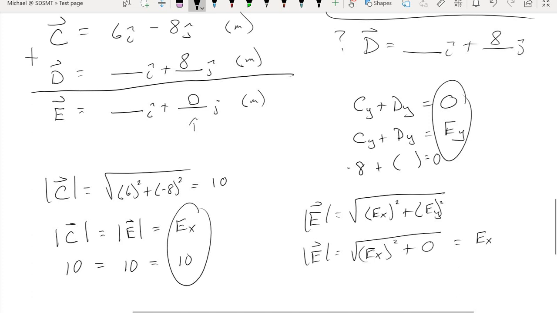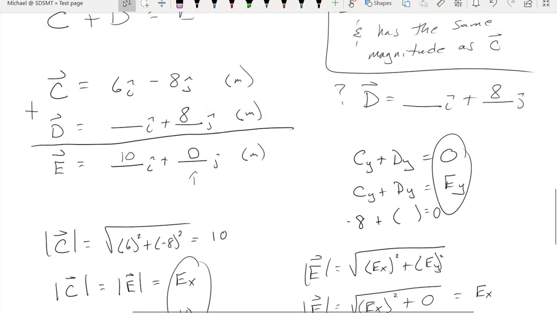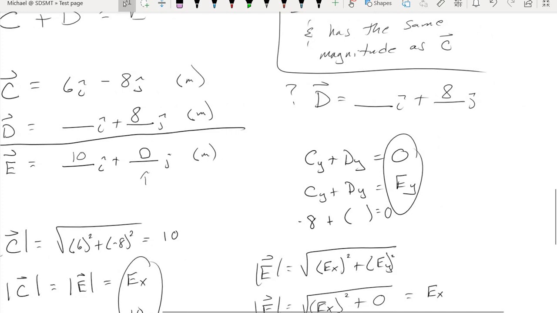So there's our x component for vector E. The x component for vector E is produced by taking the combination of the x components of vectors C and D. And so we have an x component of 6 plus something equals 10.